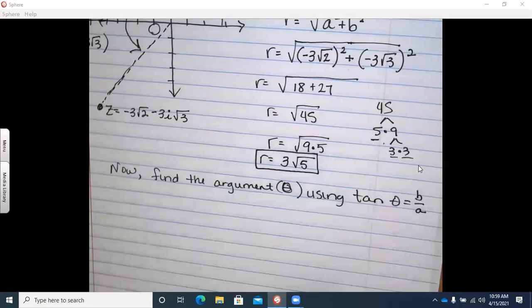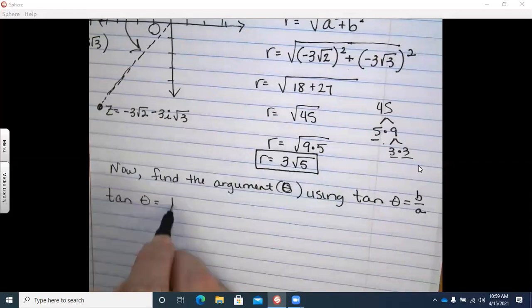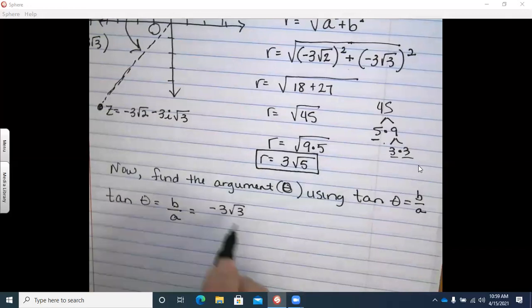So the tangent of theta equals b divided by a. In this case, b was negative 3 square root 3 divided by negative 3 square root 2.